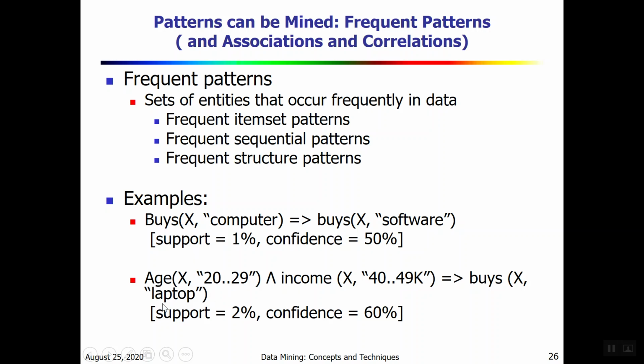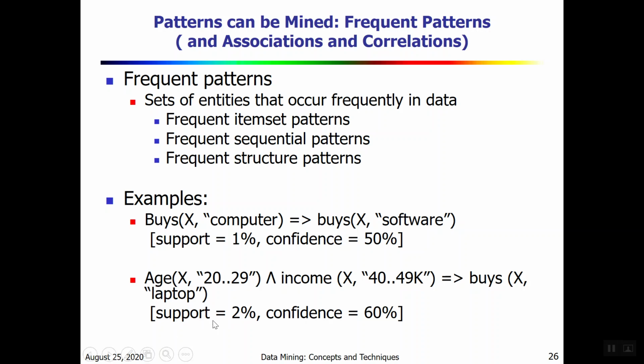This association rule says, if somebody is within this age range and his or her income is within this range, then they tend to buy a laptop. How do we quantify this "tend to buy"? We use, again, support and confidence.